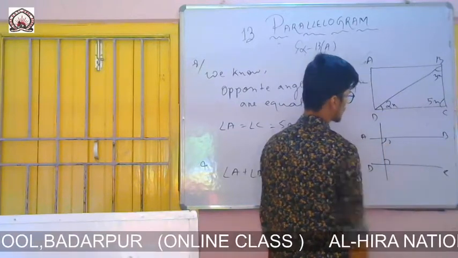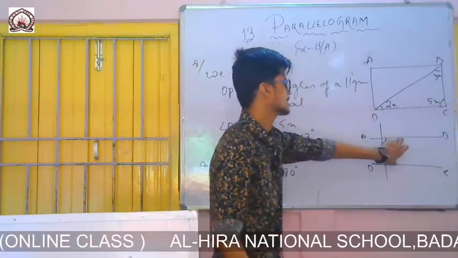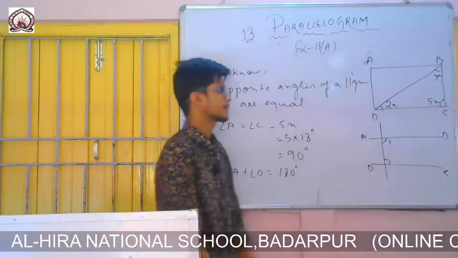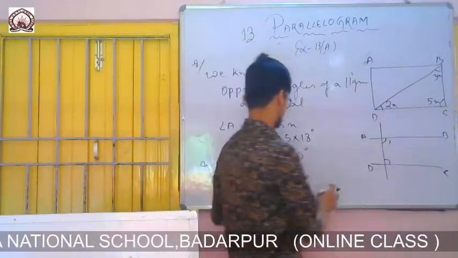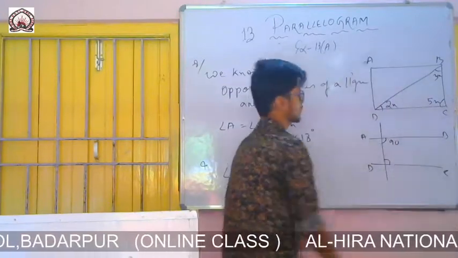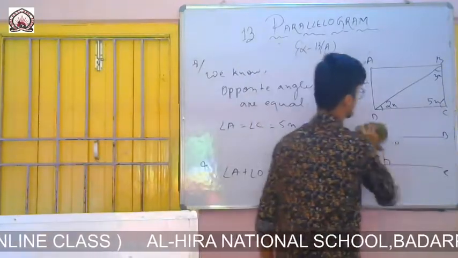So if I know this angle, then this one plus this one, we know co-interior angles are supplementary. So 90 plus this one will equal 180.